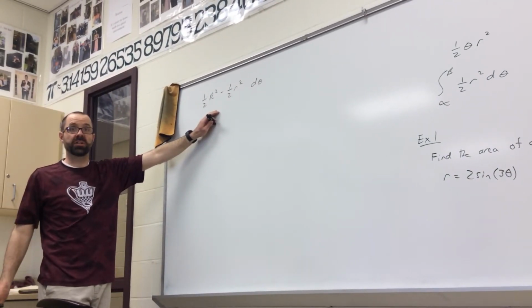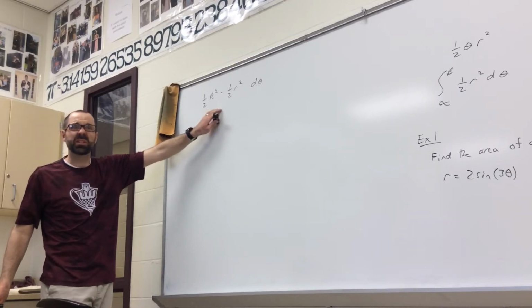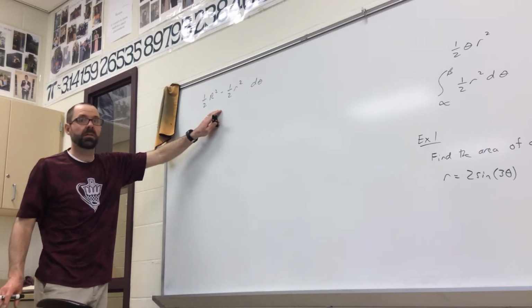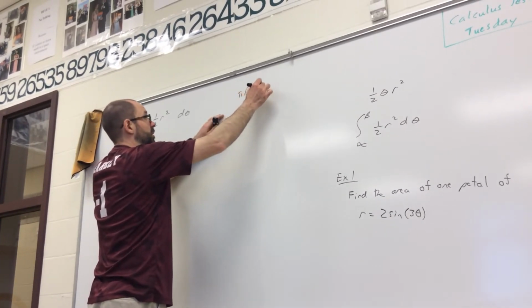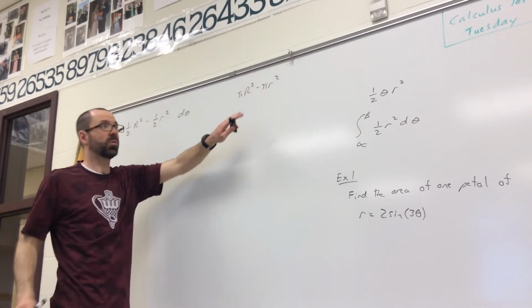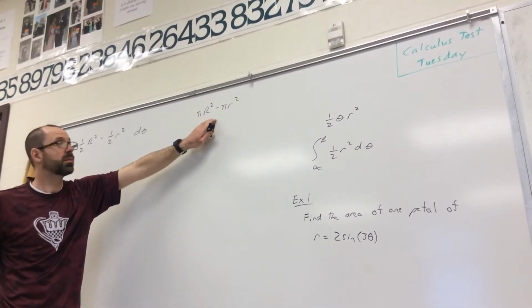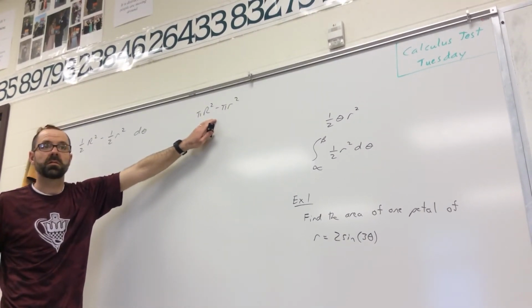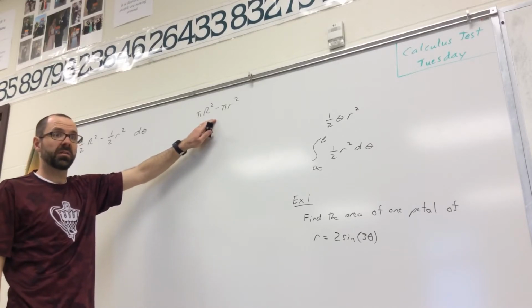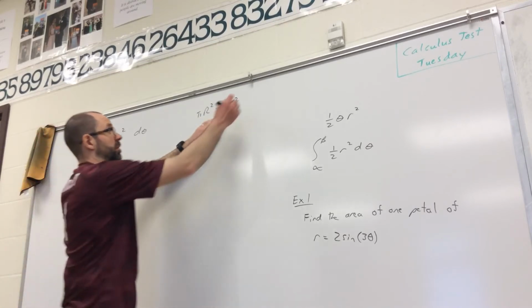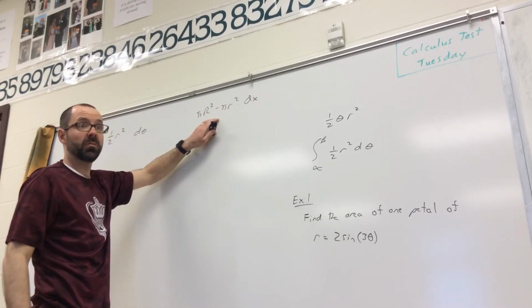Okay, now before I move on with this problem, this kind of looks familiar, doesn't it? It kind of looks like this. What was this formula for? A 3D shape, the volume of it with a hole, right?